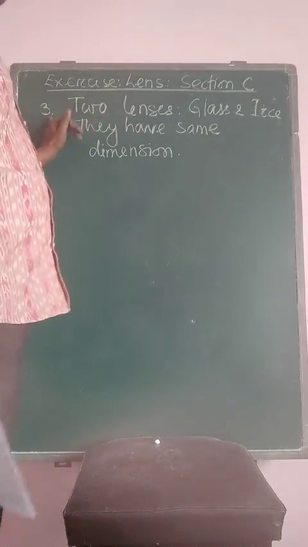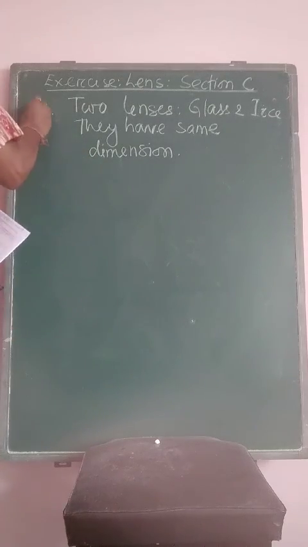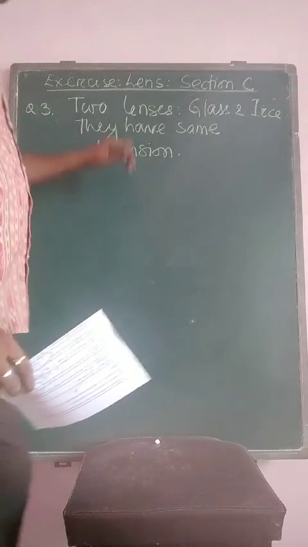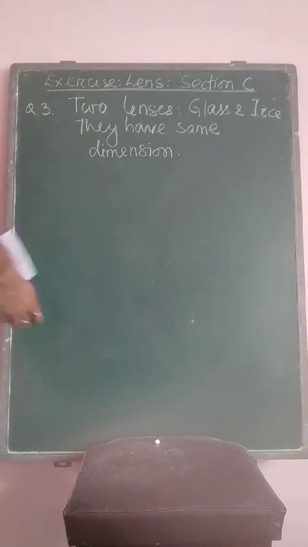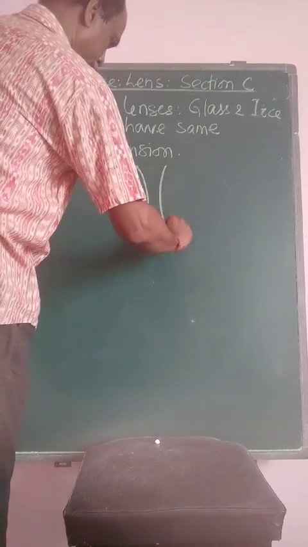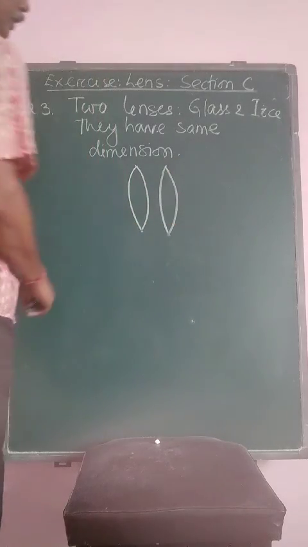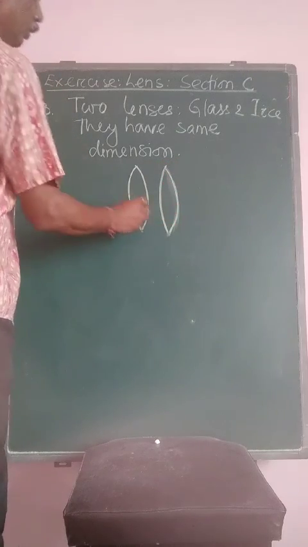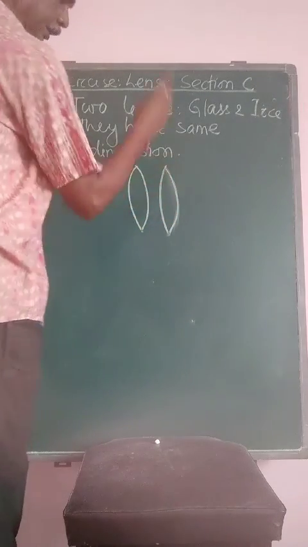We have question number 3. We have 2 lenses made of glass and ice. They have the same dimensions. They are identical. So this is glass, this is ice.